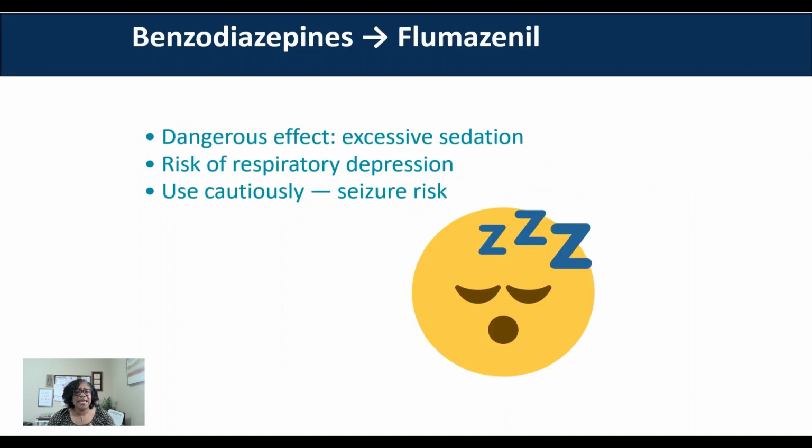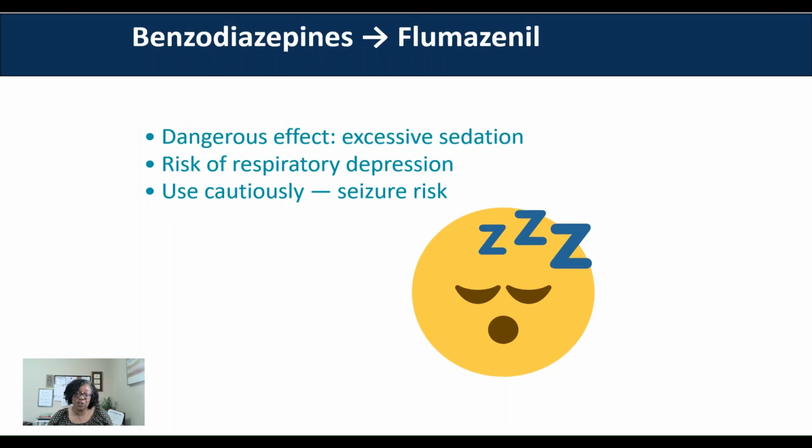If a patient has taken too many benzodiazepines, the antidote is Flumazenil. Now, what will happen with a benzo is that the patient will have excessive sedation and they'll exhibit decreased level of consciousness and respiratory depression. So what do you do? You call for an order.